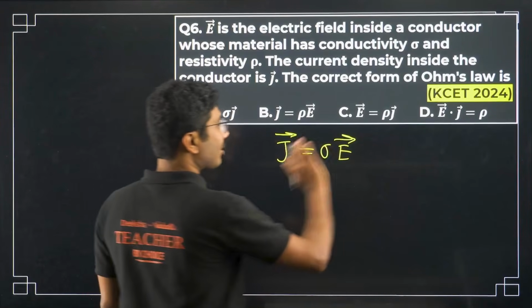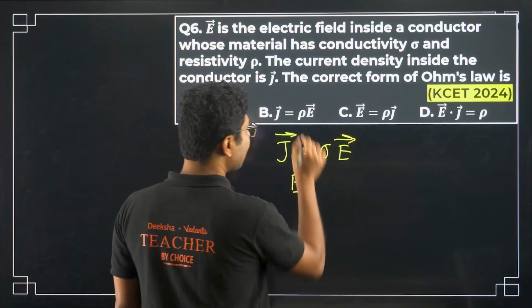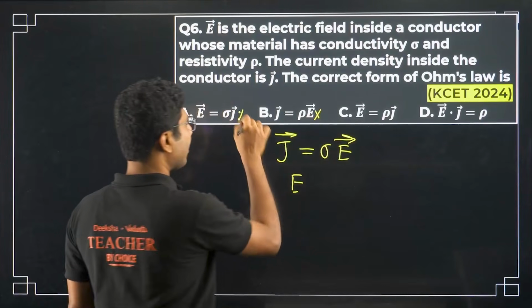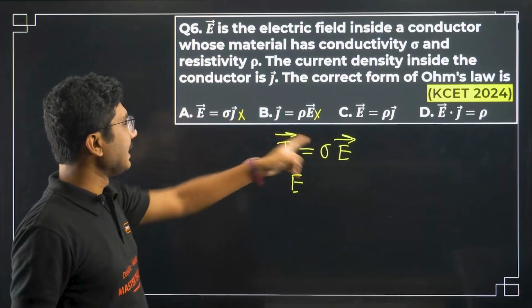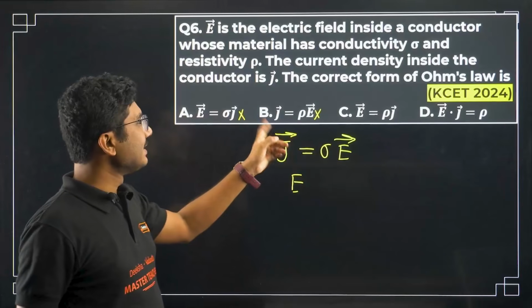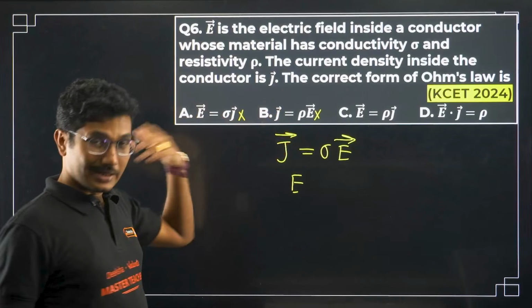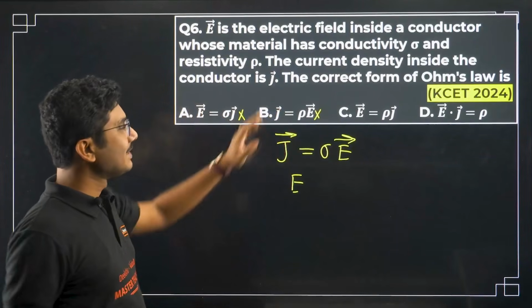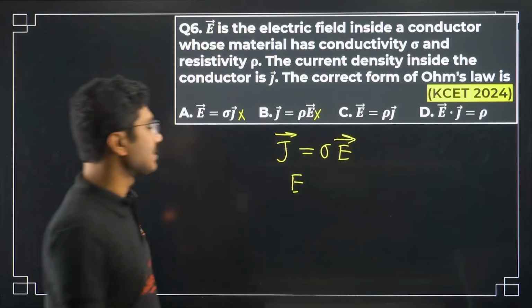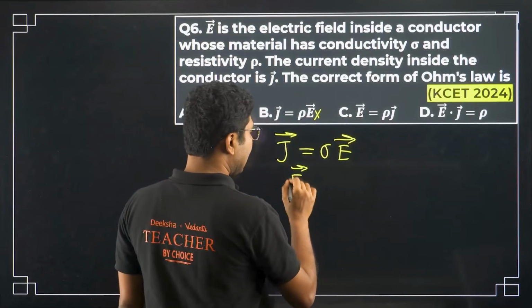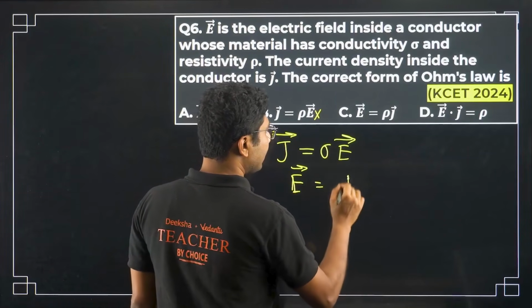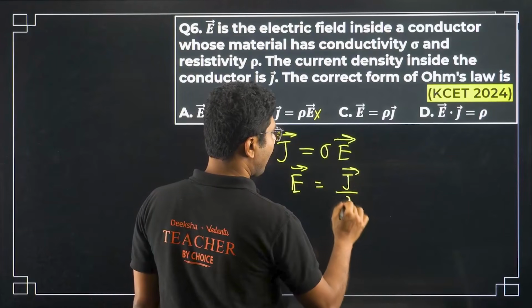So, what are the other options? Let me see that this is also not correct, right? These two are not correct because either J equals sigma E, or J E equals sigma E, which is not valid. So one of the other options must be correct. Let's see this option, E equals J by sigma, right?